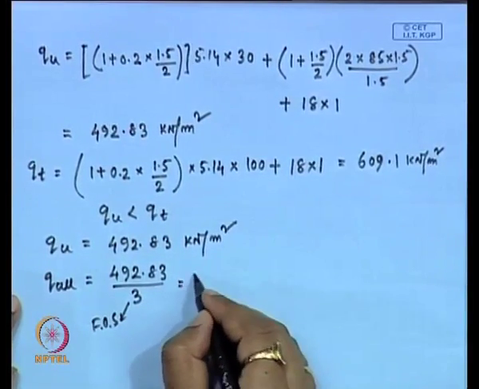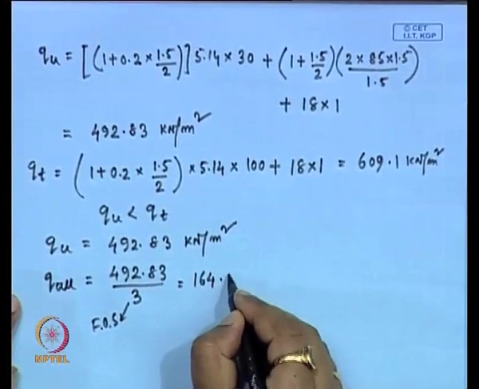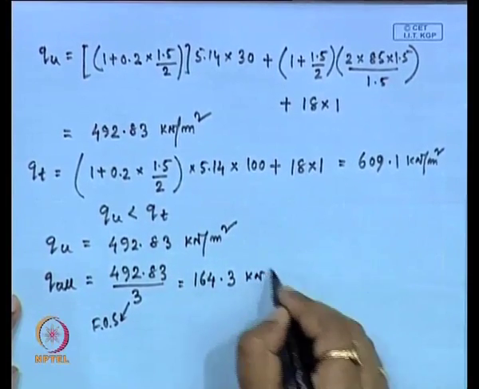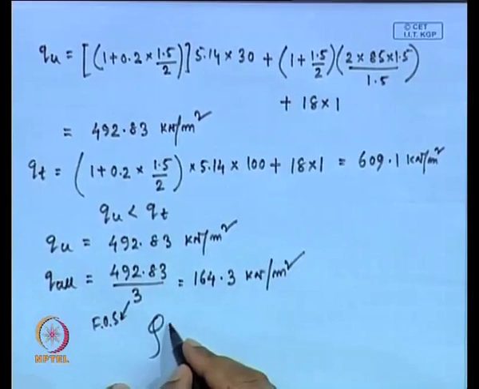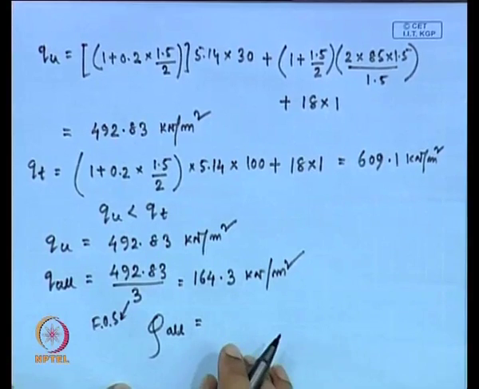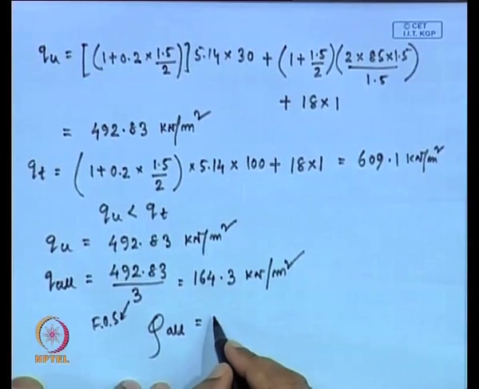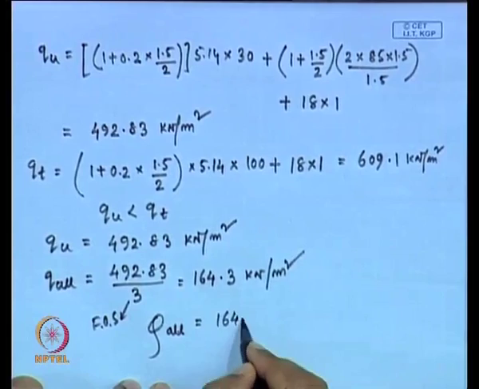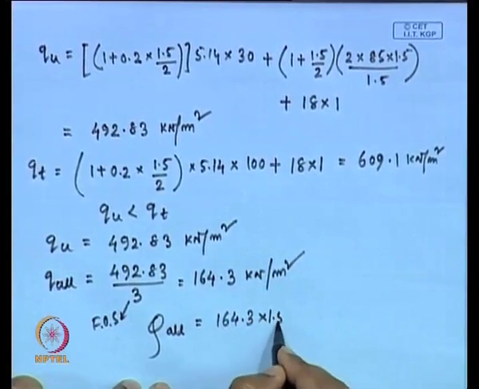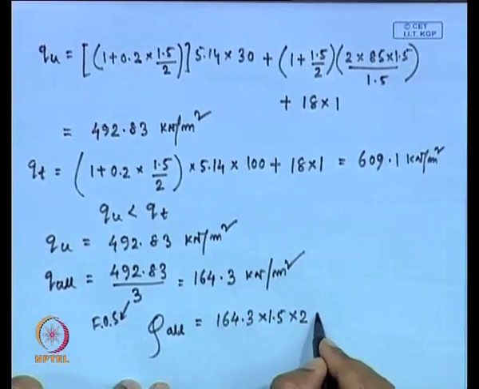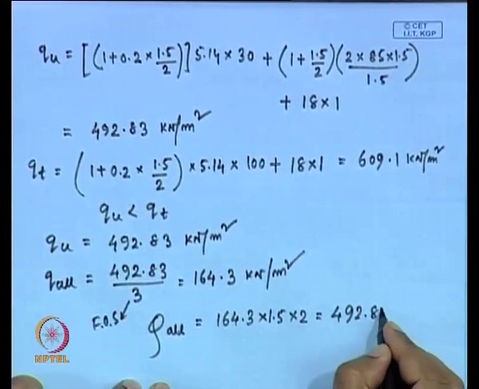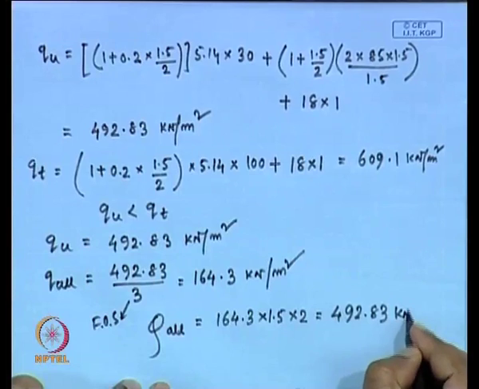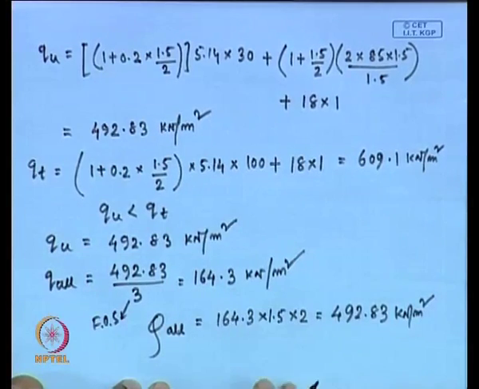So, we will get this value as 164.3 kilonewton per meter square. So, the ultimate load carrying capacity or Q allowable for the total load will be 164.3 into 1.5 into 2. So, this value is 492.83 kilonewton.